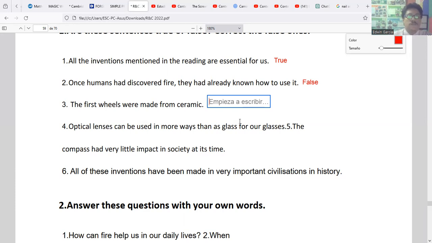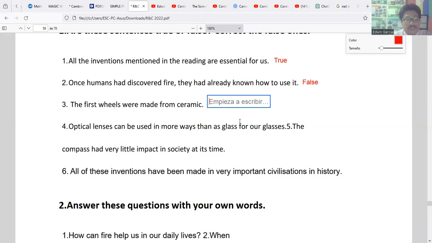Ya que alguien mencionó a los Flintstones, a los Picapiedra: los Flintstones usan el tronco móvil. ¿Por qué se llama tronco móvil? Because they were made from wood. Lo primero que usaron fue madera.